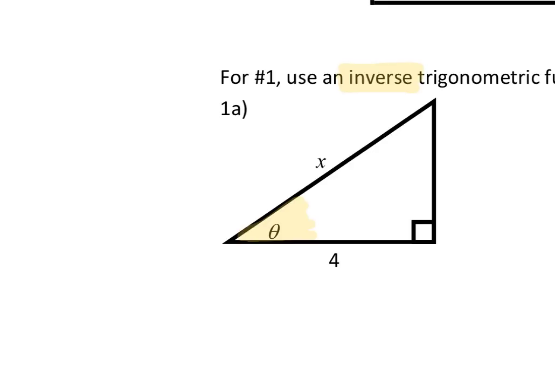So here's what I'm talking about. If you look at this triangle in number 1A, the angle we're looking at is theta, and I've highlighted that. The sides that we're looking at are the adjacent side and the hypotenuse. So if you want to mark that, you could say that this is the adjacent and this is the hypotenuse. And we know that the trig function that deals with adjacent and hypotenuse is cosine.